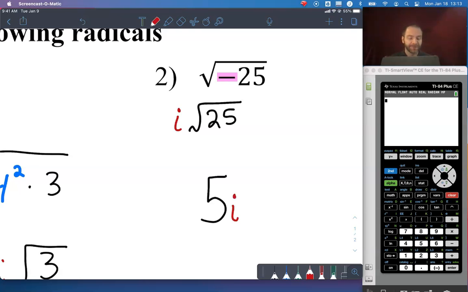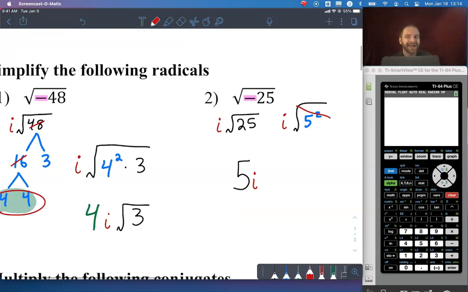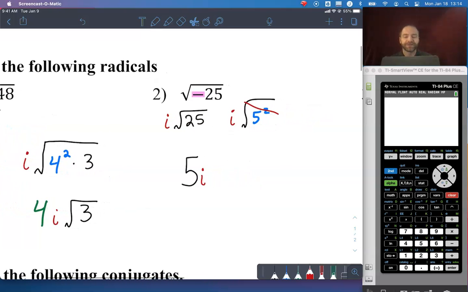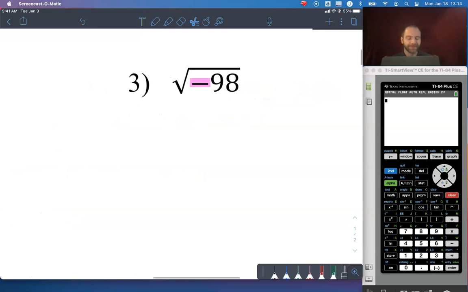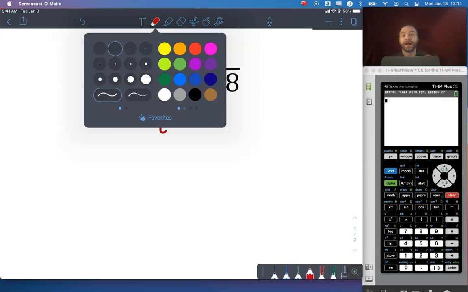Even if I broke it down, though, 25 is 5 squared, and so I would have the square root of 5 squared, and the square and the square root cancel each other out, and that would give me my 5i. So when it's a perfect square, we just square root it. But when we know it's not a perfect square like 48, I have to break it down into the factors. But really, there's no difference with simplifying radicals involving negative numbers, except right in the beginning, take the negative out and turn it into an i.